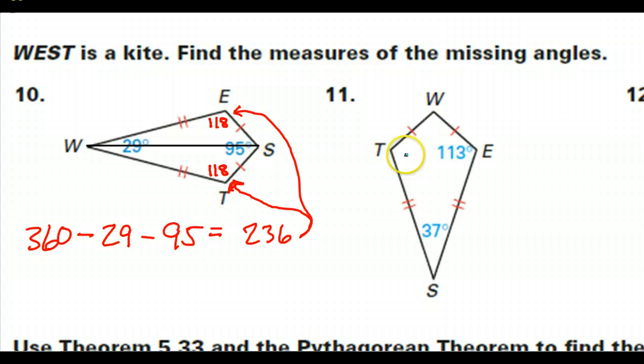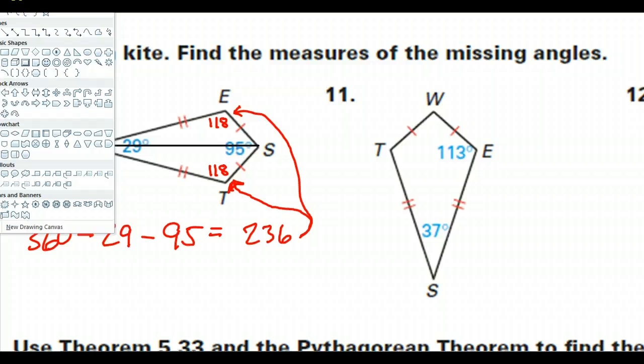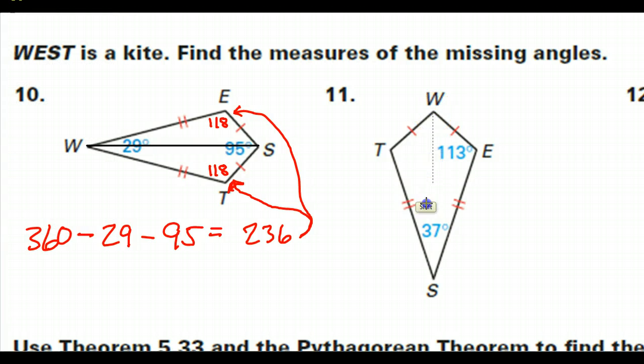That's done. Now, moving on to number 11. Again, the line of symmetry is right here. If that's the line of symmetry, then that means that if E is 113, then angle T is also 113. So we are right back to subtracting from 360 again. We have 3 out of 4 angles, so we're just going to do 360 minus 113 minus 113 minus 37.